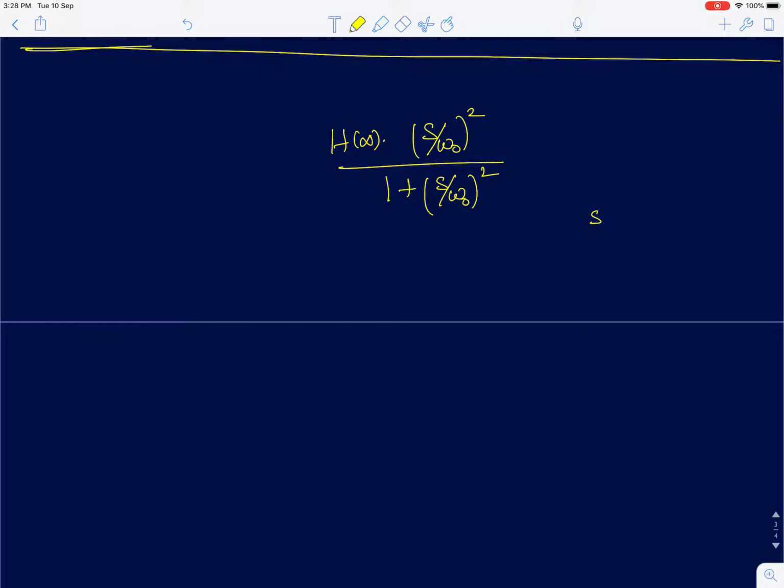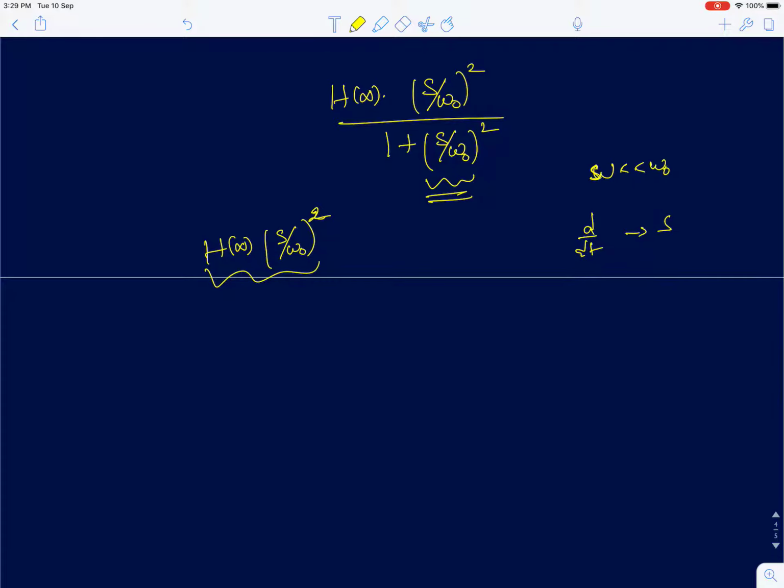For omega much less than omega naught, this function will be 0, so I can ignore this term. It will behave like s upon omega naught the whole square into h infinity. This is nothing but a second order differentiator, just two differentiators in cascade. We already discussed that a differentiator's Laplace transform is s, so this is like a second order differentiator.